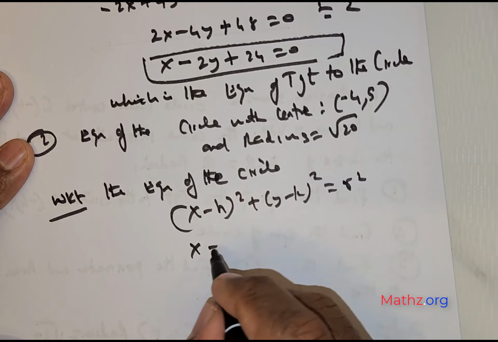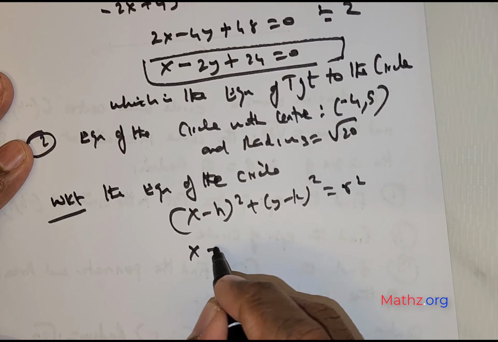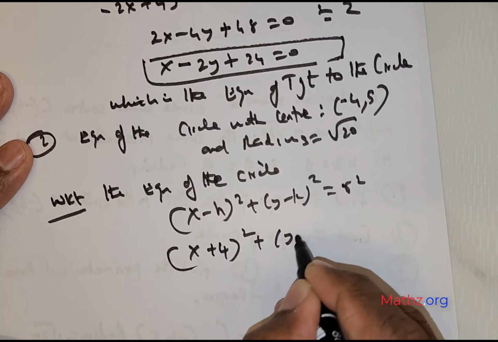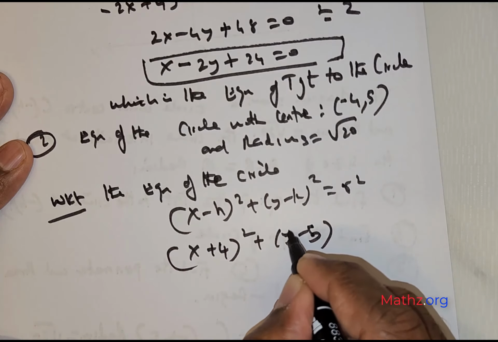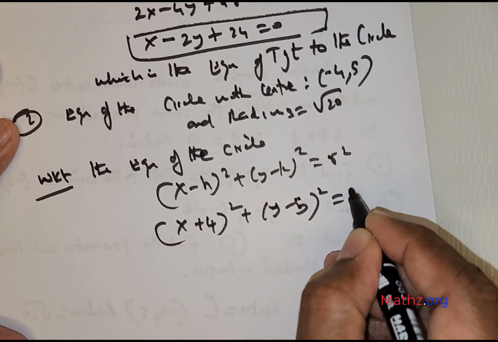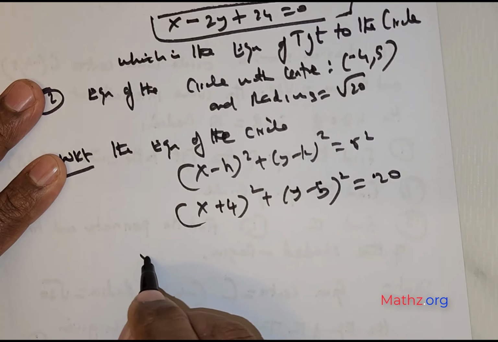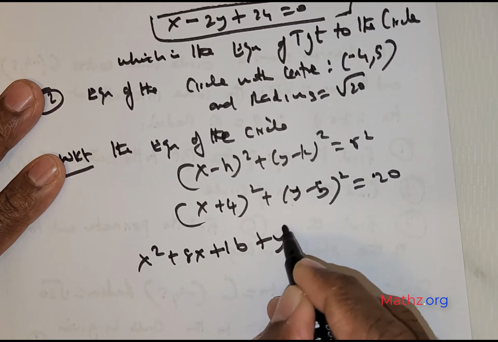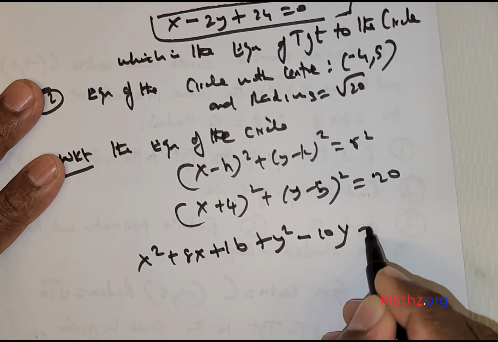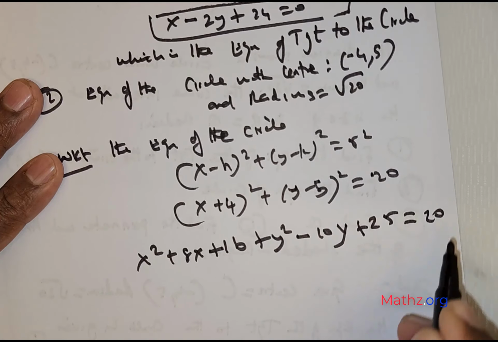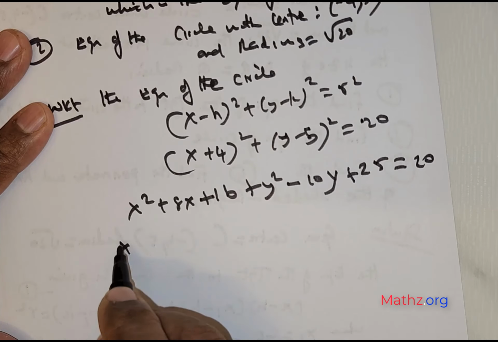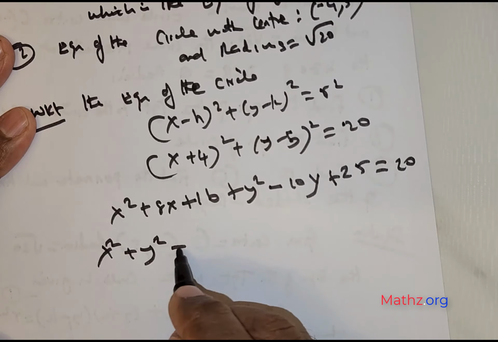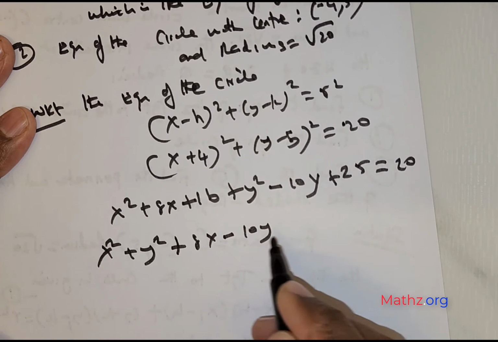So if we substitute, h is -4, so (x + 4) whole squared + (y - 5) whole squared = 20. So you expand this, you get x squared + 8x + 16 + y squared - 10y + 25 = 20, and this is x squared + y squared + 8x - 10y.